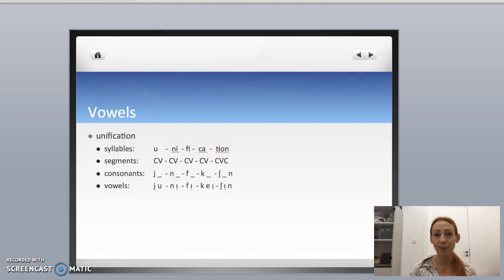So here, in the first syllable, we have the vowel U. And it really sounds like the same vowel as in the word you. So we know this is the back high rounded vowel.